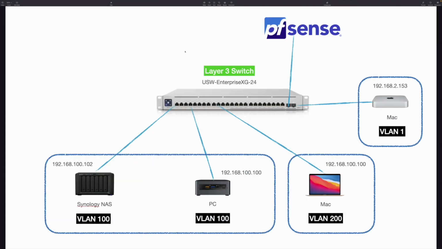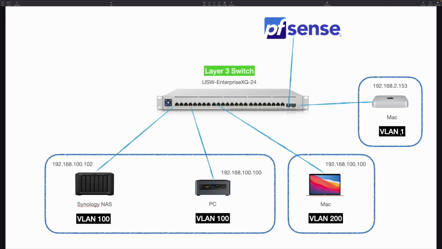In this video, I'm going to use this USW Enterprise XG24 as the testing switch. It is a layer 3 supporting switch. I already configured two VLANs within this switch, VLAN 100 and VLAN 200. The Inter-VLAN switching is already enabled.